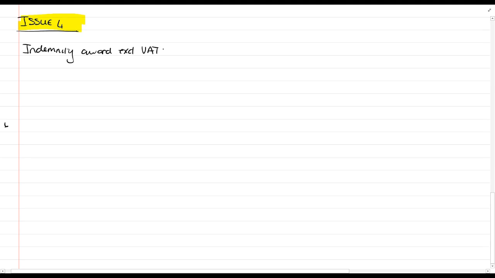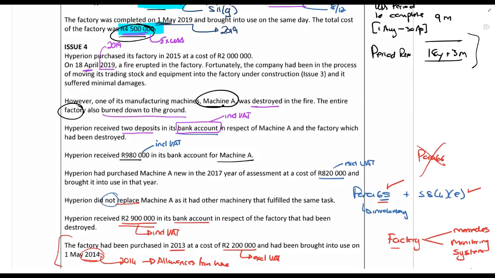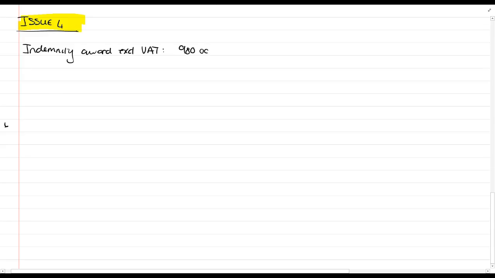So the indemnity award that you've received for this machine, excluding VAT, is 980,000 times 100 over 115. Gives us 852,174.